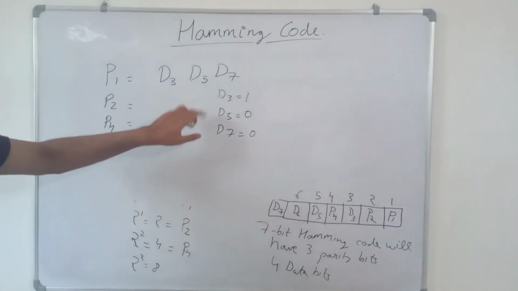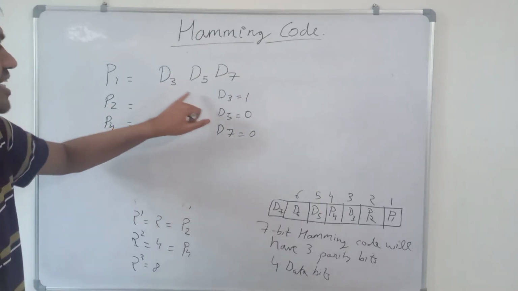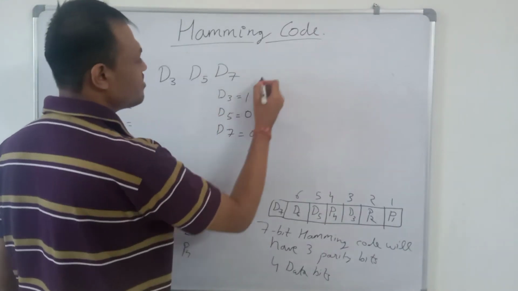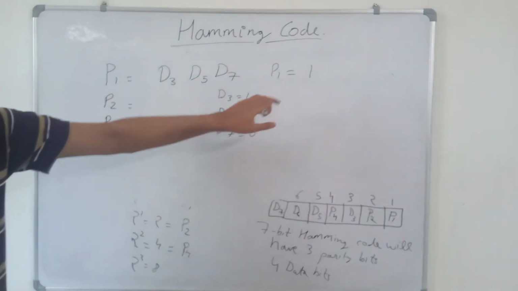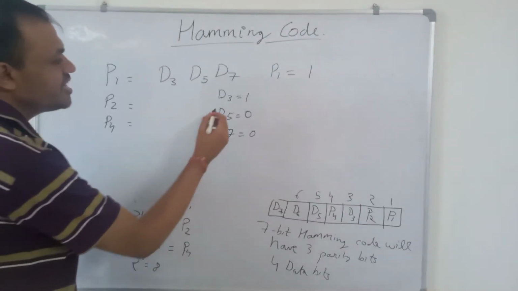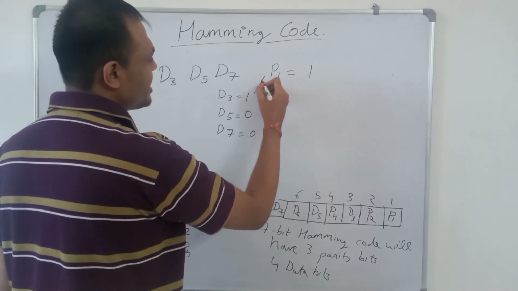If we are following even parity, then we should have an even number of ones. So P1 must be equal to 1 to keep the even parity, because if P1 is 1 then there are 2 ones, so it is even parity.